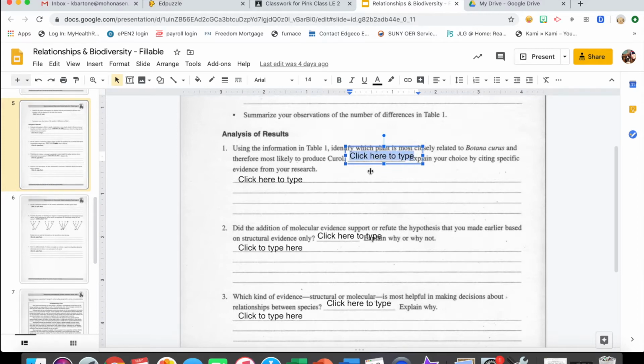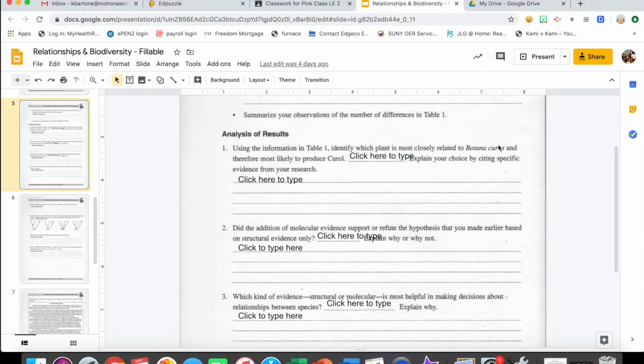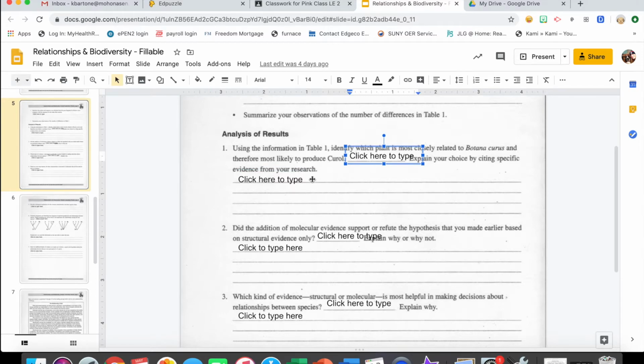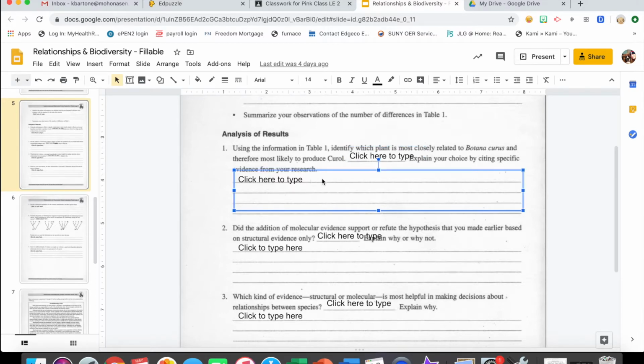You're going to type in there and say which species, X, Y, or Z, do you believe is most closely related to Botanicurus and therefore most likely to produce curel? Explain your choice by citing specific evidence from your research. So here, you're going to put your X, Y, or Z right here. In this question, you need to type in specific evidence from the data chart.